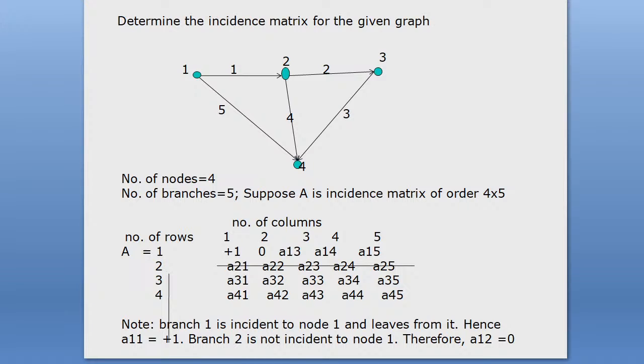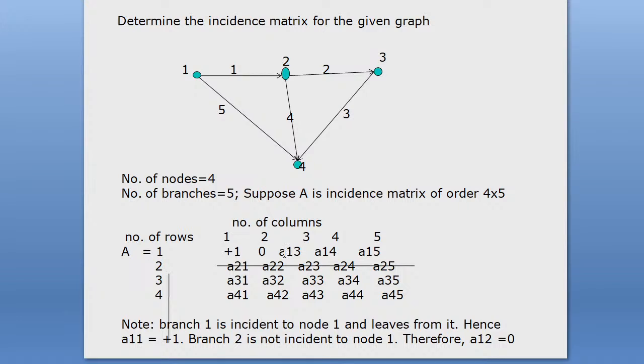Similarly, you can write A13: branch 3 is not connected to node 1, and A14: branch 4 is not connected to node 1, so 0 and 0. But branch 5 is connected to node 1 and it leaves from node 1, that means it will be plus 1.